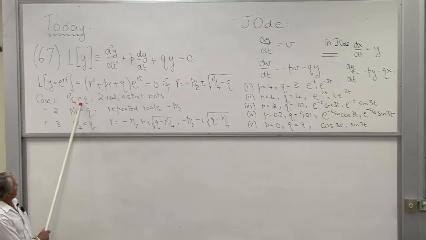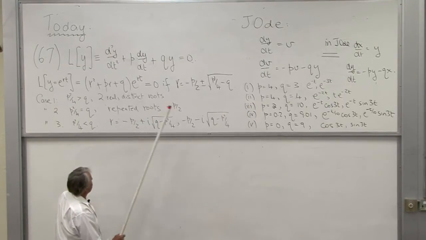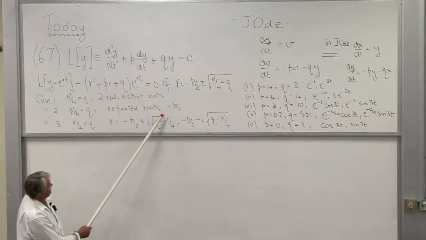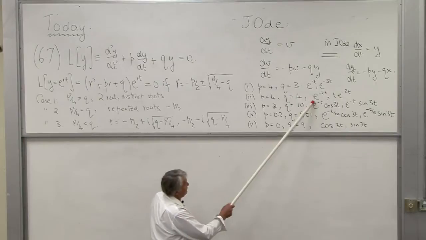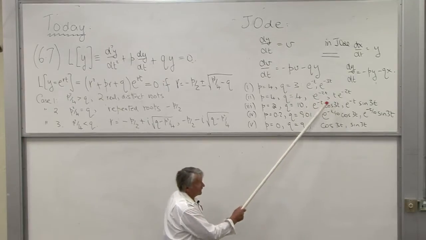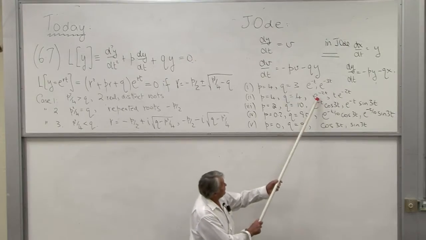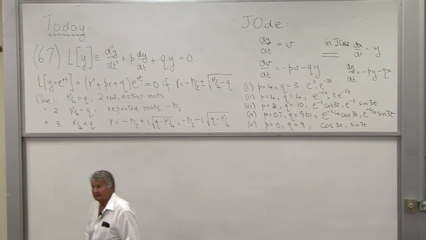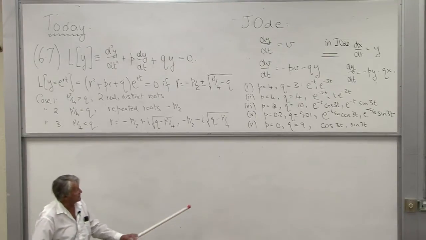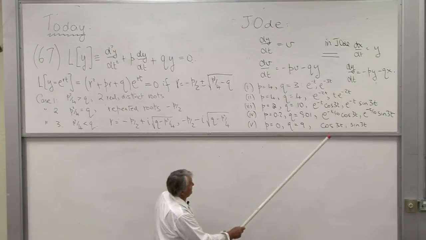Then if p squared over 4 is equal to q, like in case 2 here, you get just one repeated root. In that case, the solution is e to the minus 2t, and a second essentially different solution, whose Wronskian with the first is non-zero. So we look for a general solution as a times this and b times this.